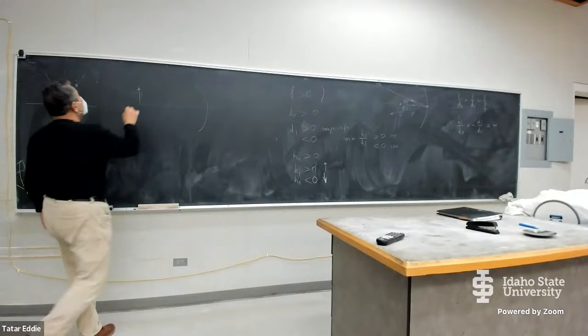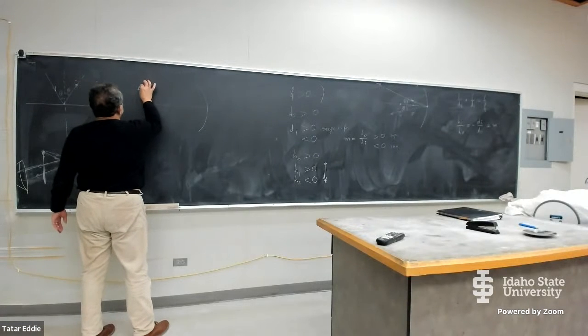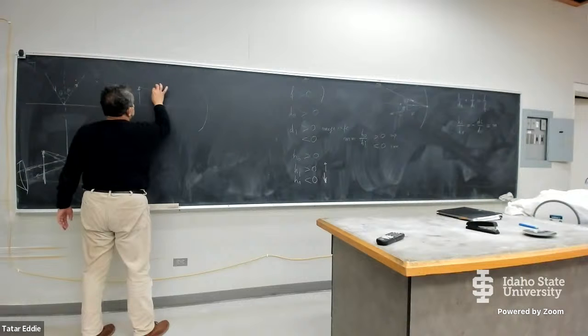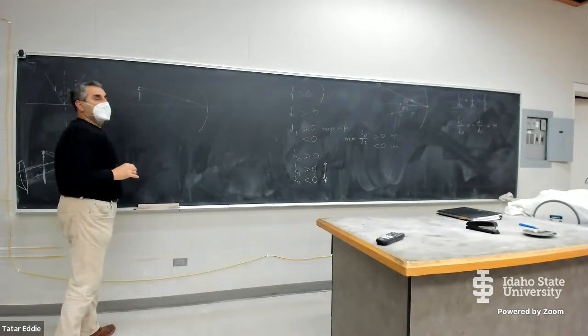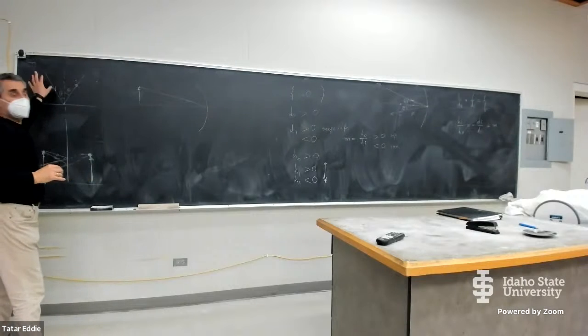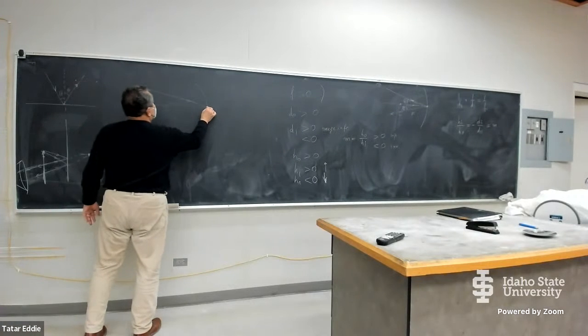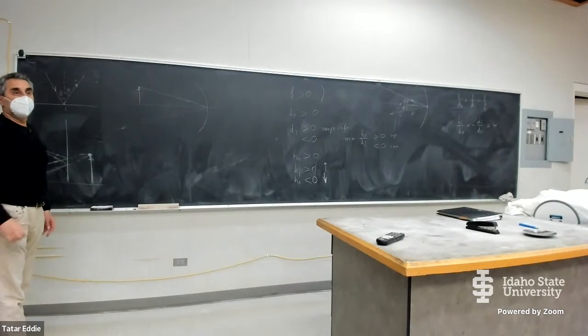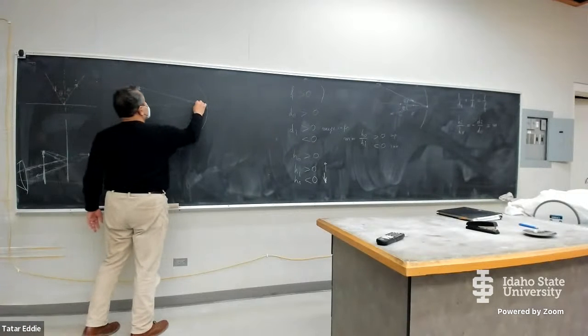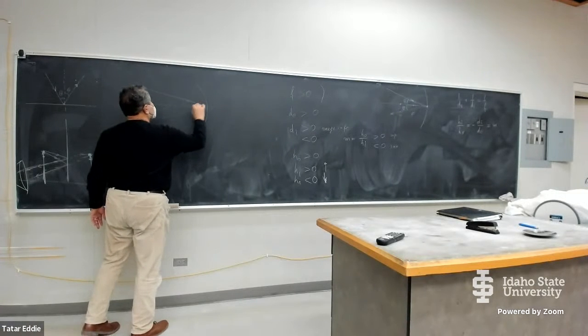And if you look at a light ray that is going to hit the center of the mirror, according to the law of reflection, the reflected light ray is going to be somewhere here, right? So that this angle is equal to this angle.